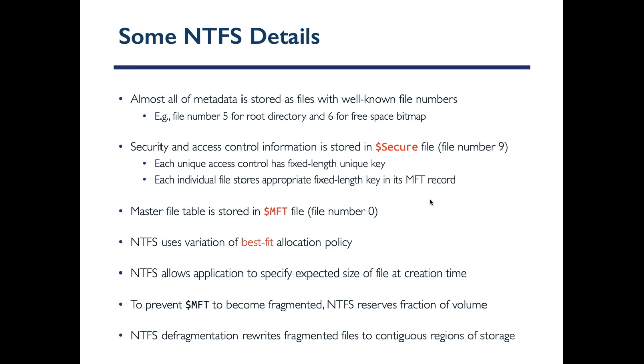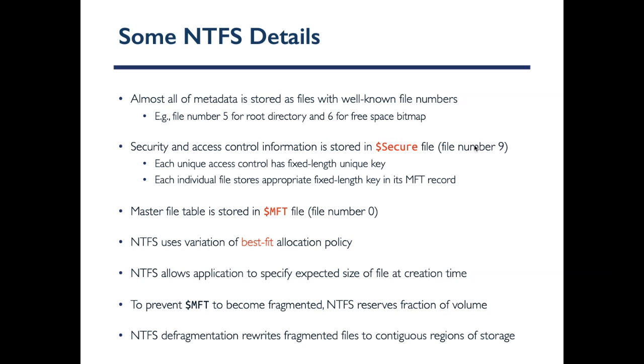For instance, file number 5 is used for the root directory. This is not much metadata, but then, for instance, the free space bitmap is stored in file number 6. Now, for access control, there is a file named secure, and the file number is 9.